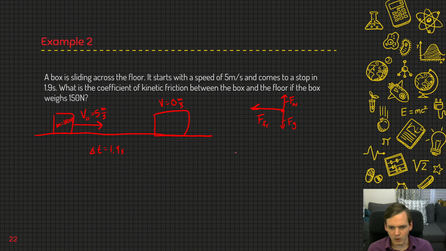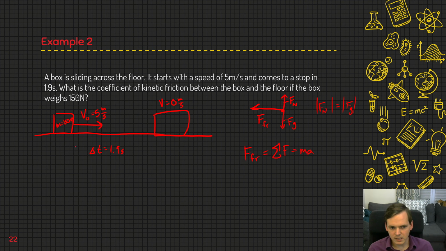So in other words, Fn equals Fg, or the magnitudes equal each other. And we want to find the force of friction. Well, the Fn and Fg will cancel out, so the force of friction is going to equal the total force, which will equal mass times the acceleration.